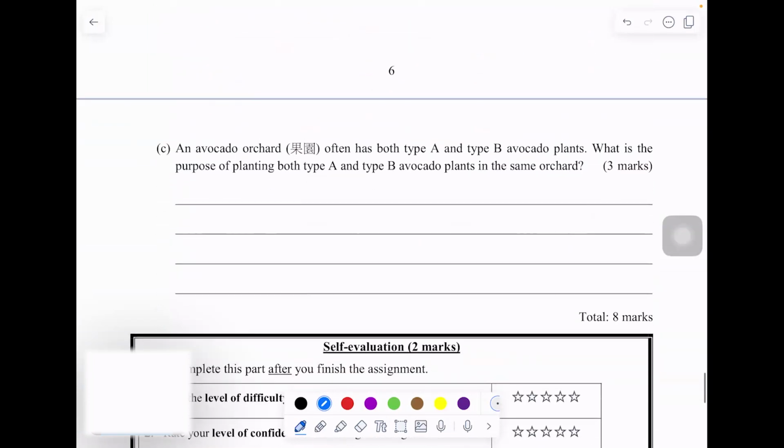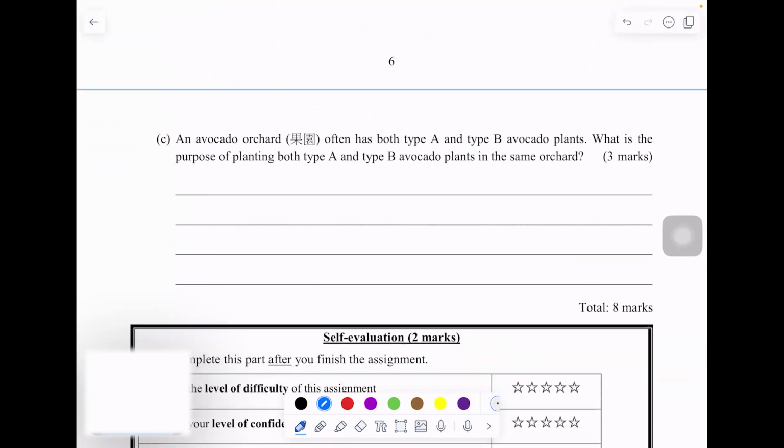So an avocado orchard often has both type A and also type B avocado plants. So what is the purpose for planting it? Because planting both type A and also type B can increase the chance of cross-pollination of both type A and also type B of the avocado plant.